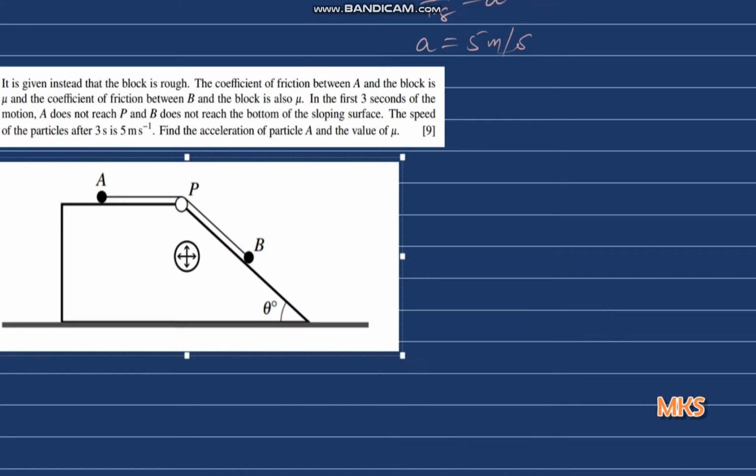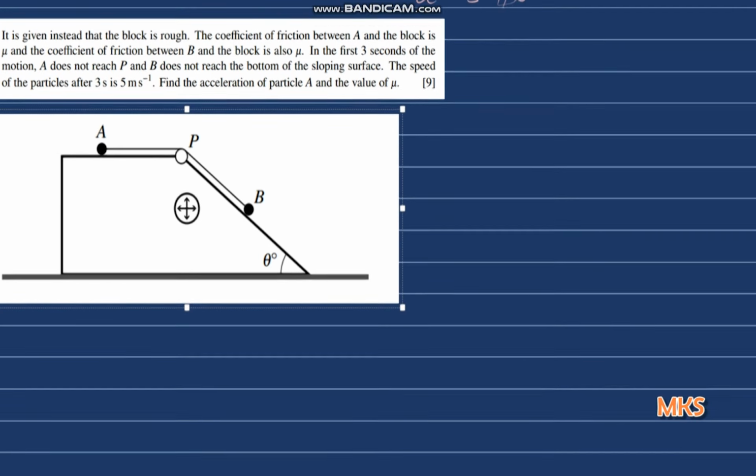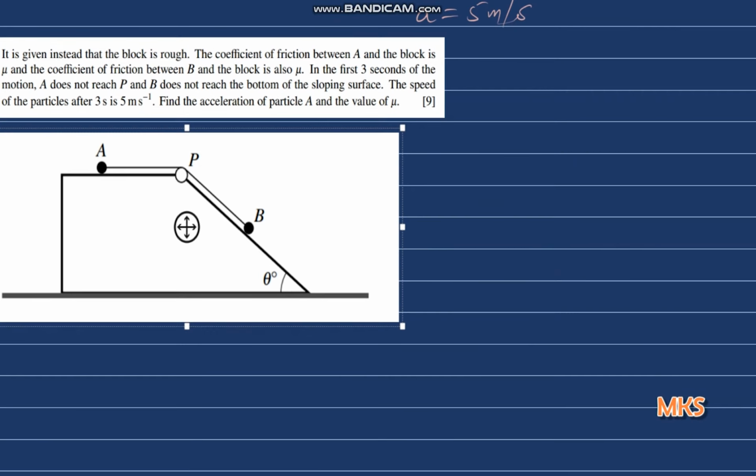So in this case, first we need to have the diagram again. But for acceleration, I think the data is completely given. Why? Because u is 0, v is 5 meter per second, a is to be found, and time is given, 3 seconds.